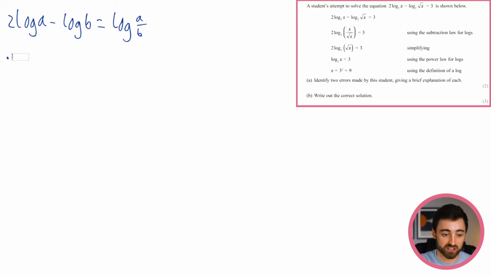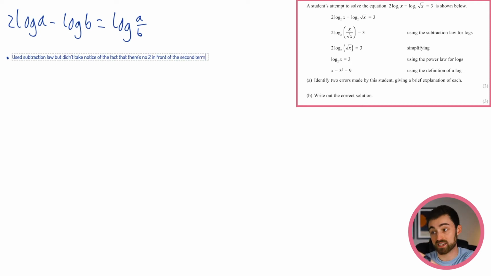I would basically say, use the subtraction law, but they didn't take notice of the fact that there's no 2 in front of that second term. If there was a 2 in front of that second term, then that line would have been okay, because it's almost like factorizing the 2 out the front and then using the subtraction law. So that would be the first problem here, I think.